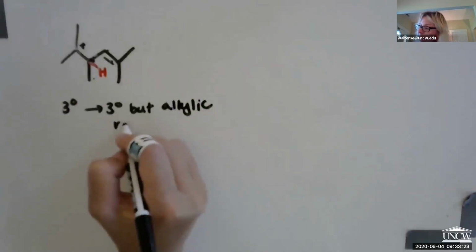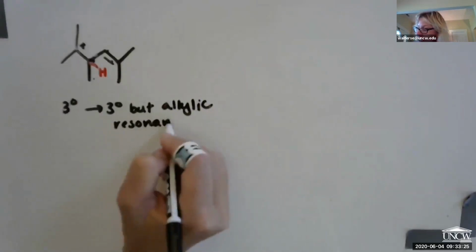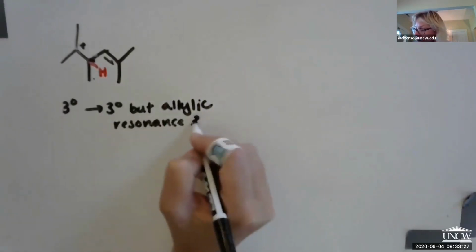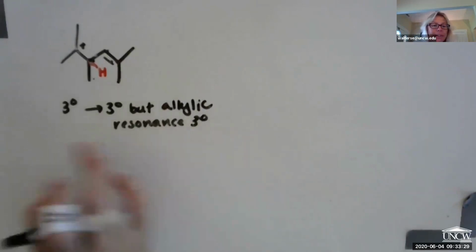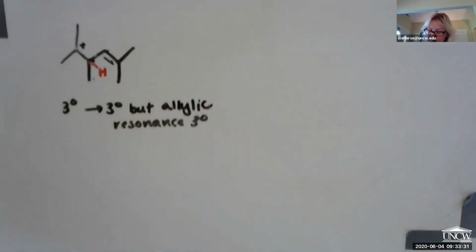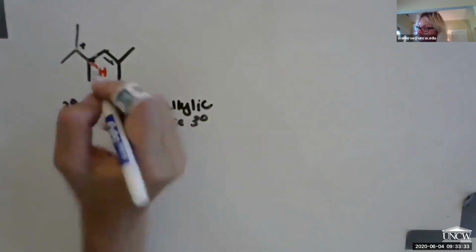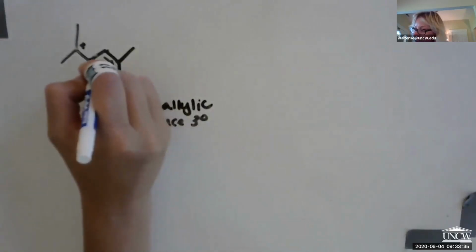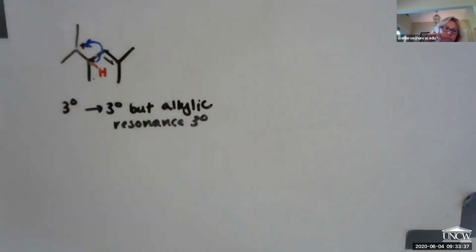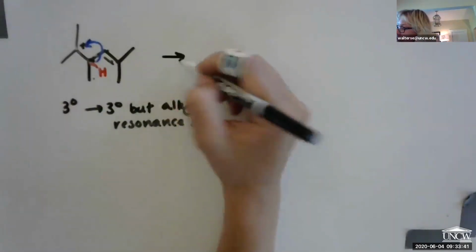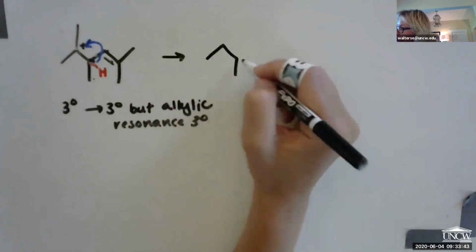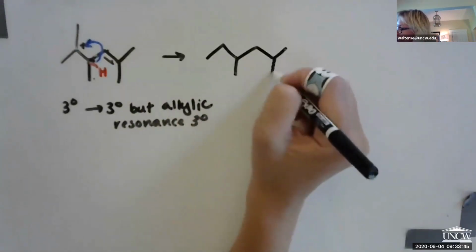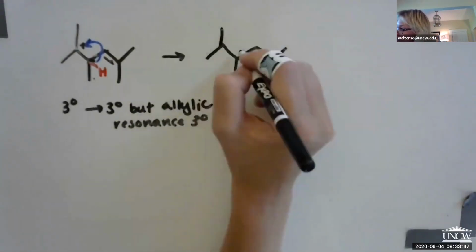So a resonance stabilized tertiary is better than just a plain tertiary. So these electrons in the bond with the hydrogen will shift to that carbocation position. It will end up here.